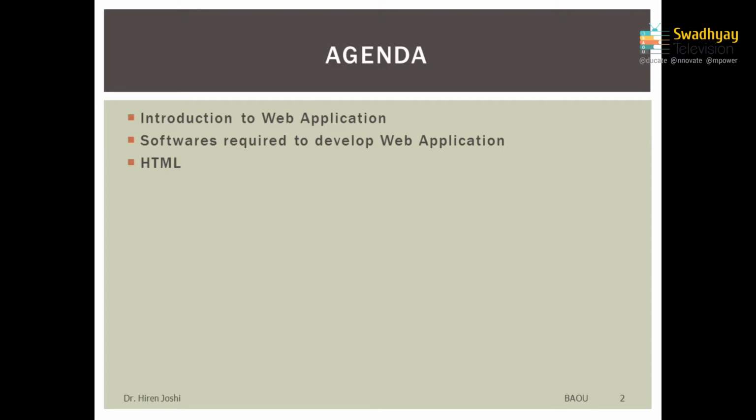So, let us start with the next point of HTML. Just a recap, in the last session we considered our agenda: introduction to web application and softwares required. These softwares include client side softwares, and to develop any web application we may require a web server as well as a server side scripting language.